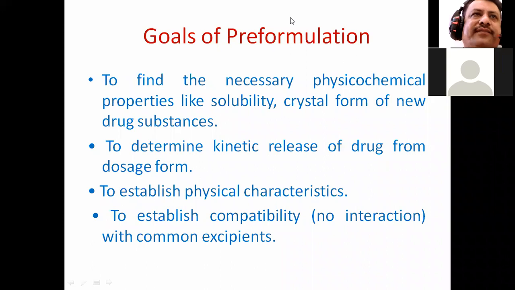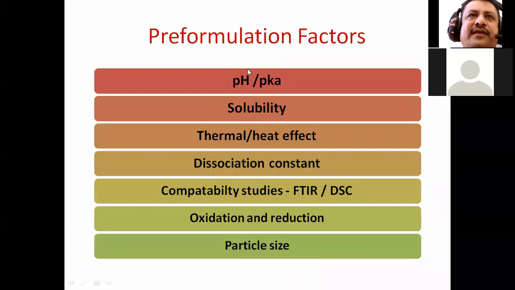So yesterday we discussed the objectives and the goals of pre-formulation. Today we are going to see which factors are studied in pre-formulation. As we have seen yesterday, we study the physical as well as chemical properties of a drug substance, whether it is a new chemical entity or an already existing drug.